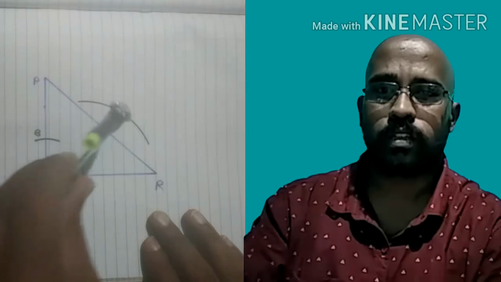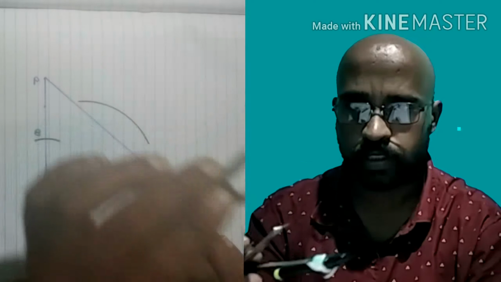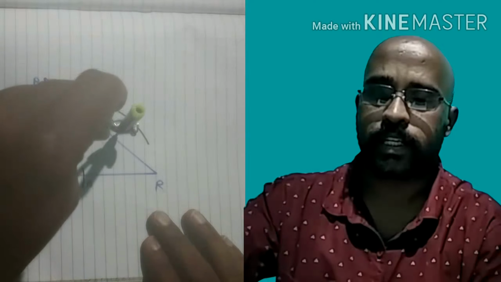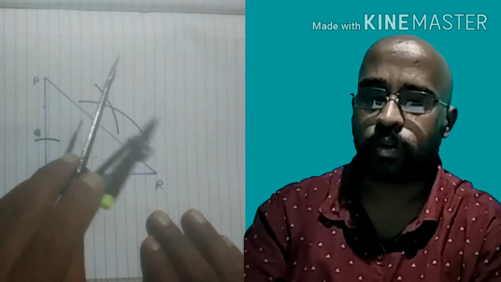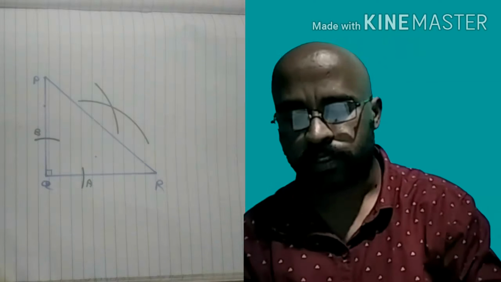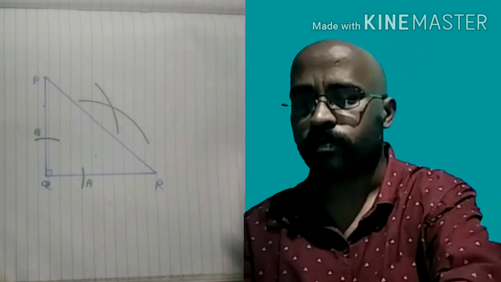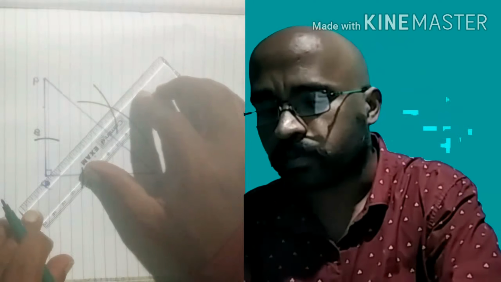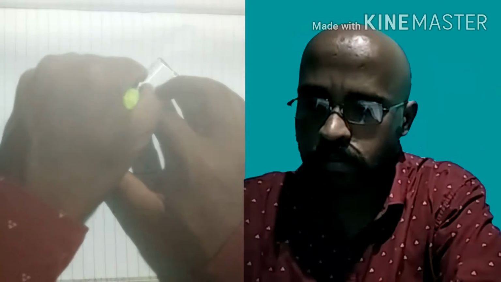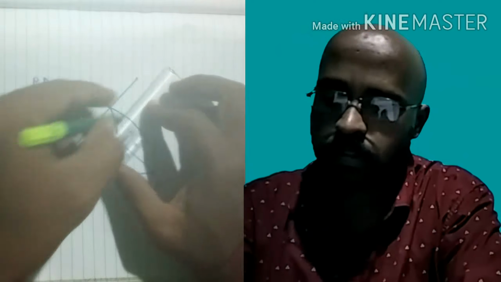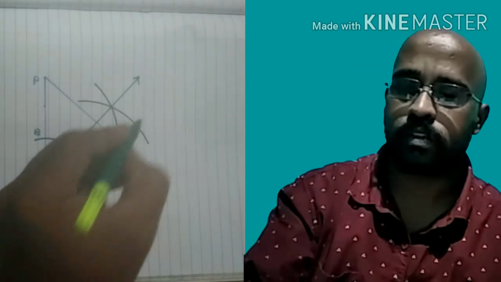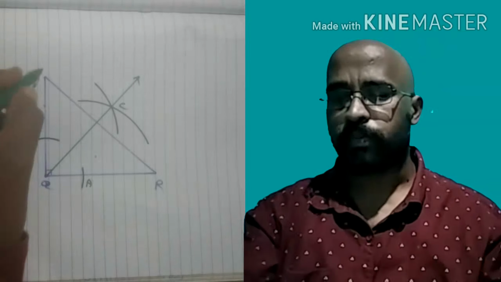Now without changing this distance, I will draw the arc from point B. Got it? Now locate the intersection point of the two arcs. Join that intersection point with point Q. We are just following the same steps repeatedly. So suppose QC is the angle bisector of angle PQR.